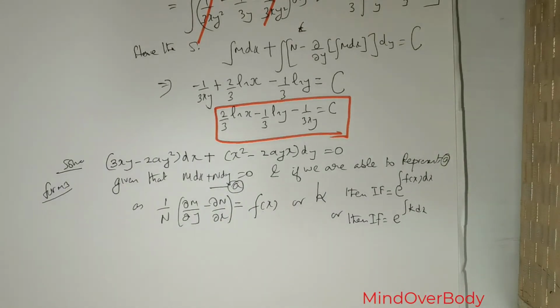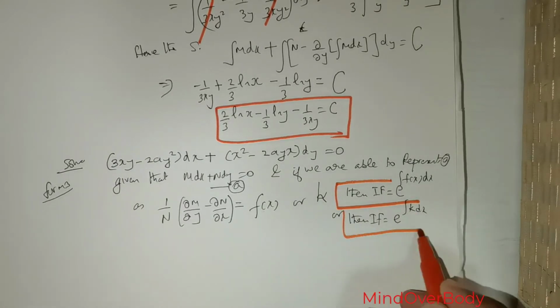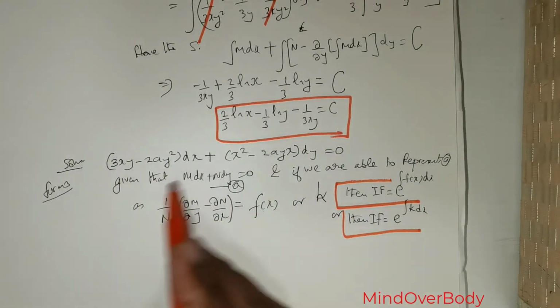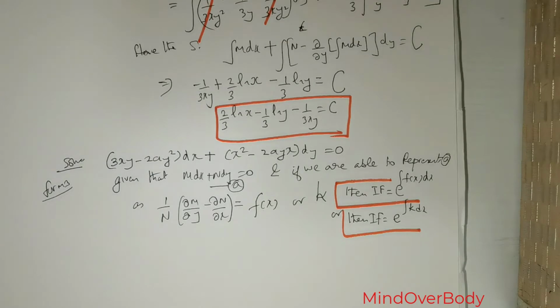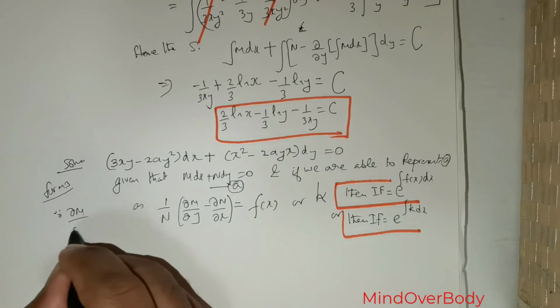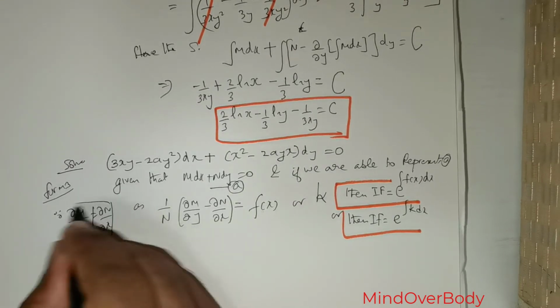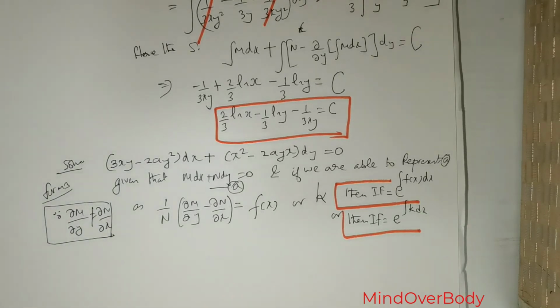So this is a very important definition that we should follow. Now all these things happen because of the fact ∂M/∂y is not equal to ∂N/∂x. So I have that in mind.